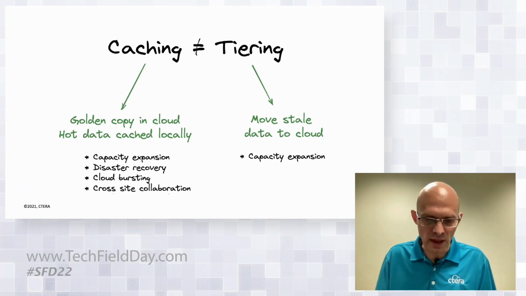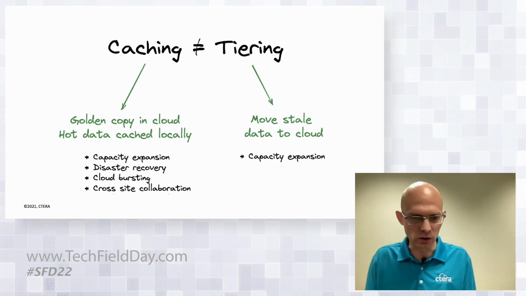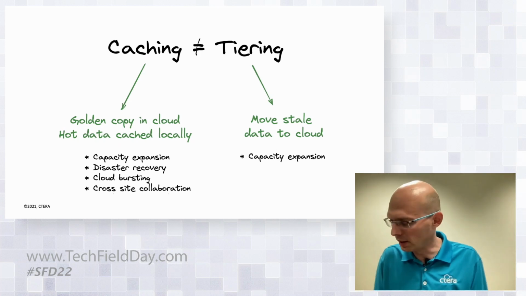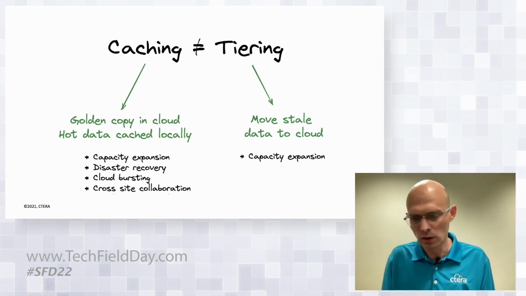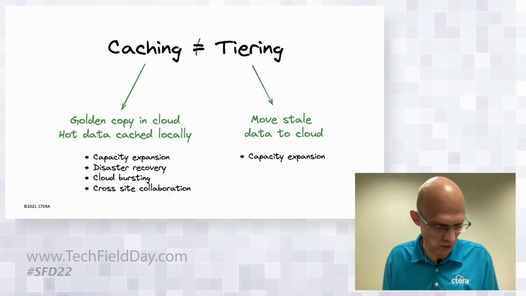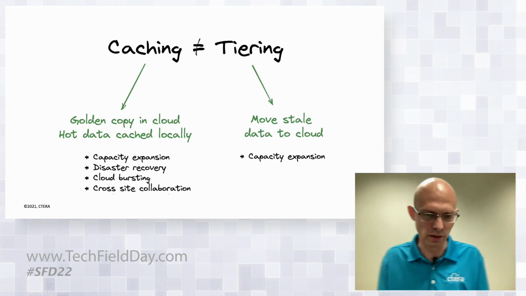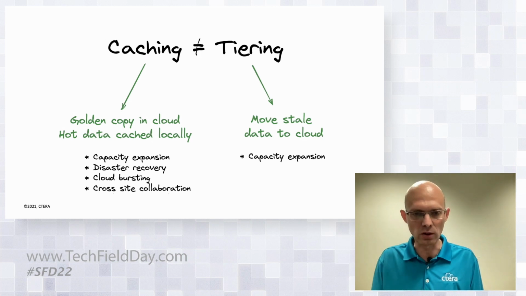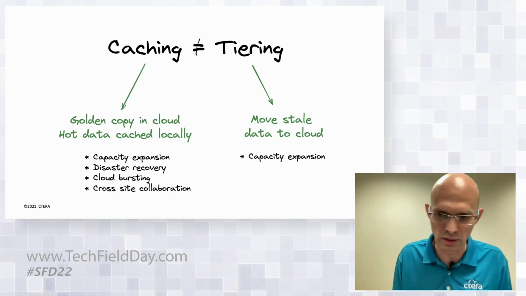In addition to disaster recovery, because the golden copy is in the cloud, the local device is just a cache. So disaster recovery is simple. Cloud bursting means that if you generate information at the edge, let's say you have video or visual effects editors, the artists, who create some content locally, and they want to do large renders in the cloud once every week. So they would create all the data locally, and then once a week, they will spin up 1,000 machines in AWS.